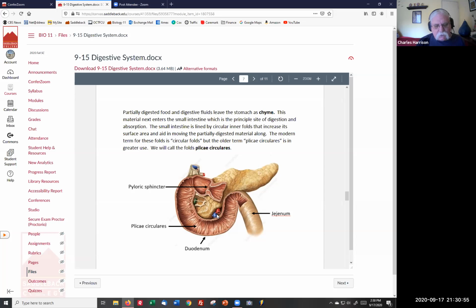Some new books like to call it circular folds, but we're not going to go that way. We're going to use the old term. It's in greater use, and I think it probably will outlive the term circular fold. The term is plicae circularis for these folds, plicae circularis. And of course, if you translate it, it means circular folds.